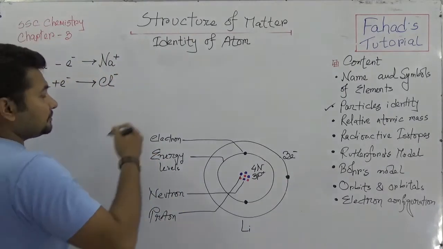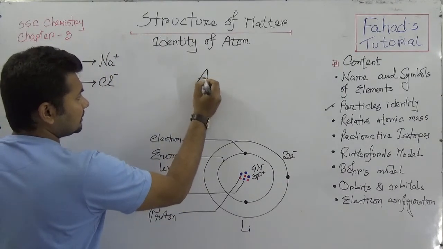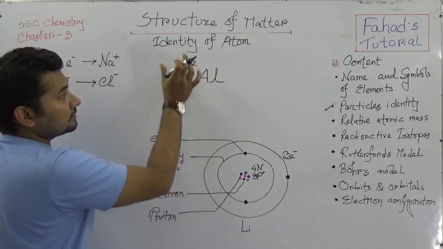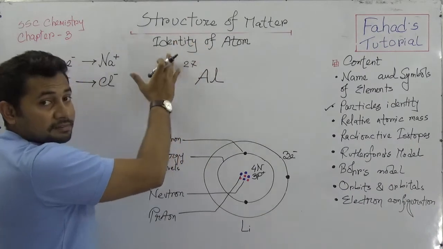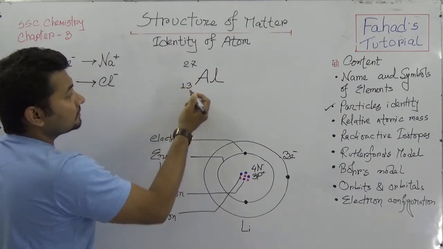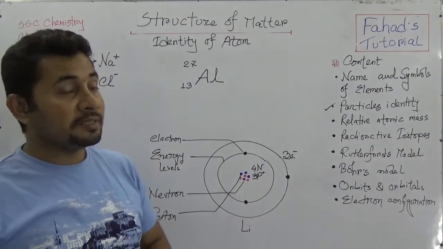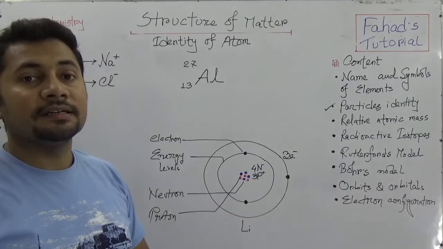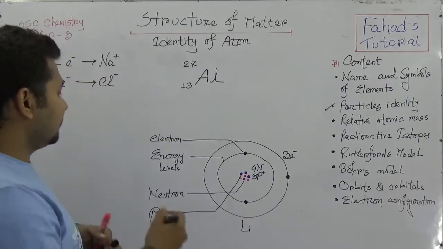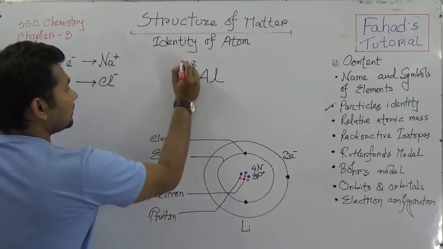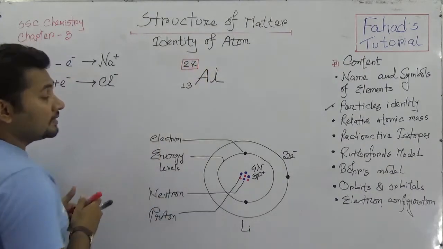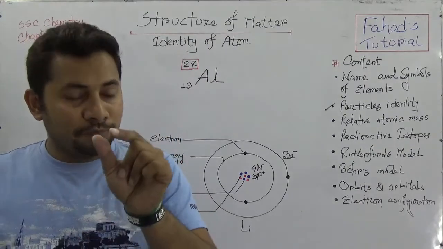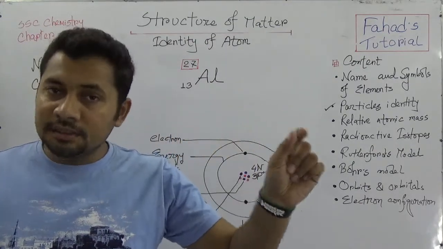As an example, suppose this is aluminium, and there is 27 in the upper left corner and 13 in the lower left corner. What would be the expression of this? This 27 is the nucleon number. Please remember that the nucleon number is the sum of the proton number and the neutron number.